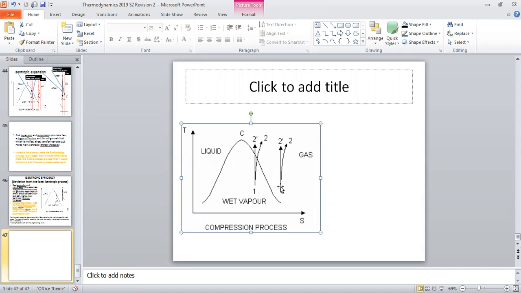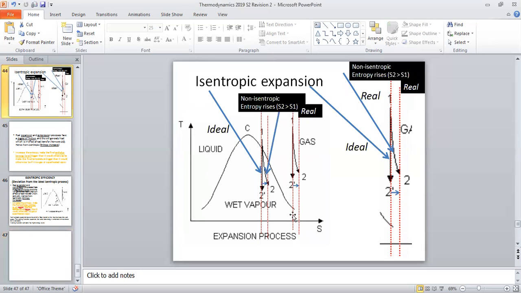Isentropic means you are compressing but with no heat transfer to or from, so adiabatic and reversible. The energy level rises and the temperature rises. If non-isentropic, entropy increases the same way. If it's vapor, it is the same way, as you can see here.